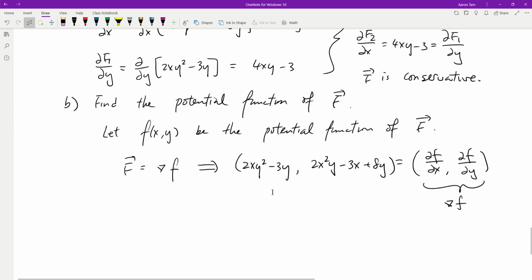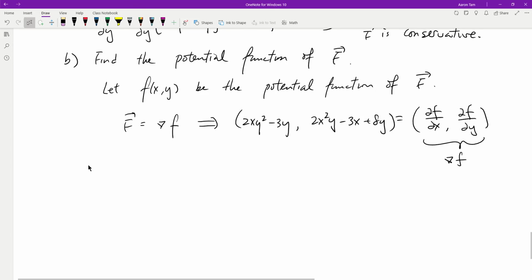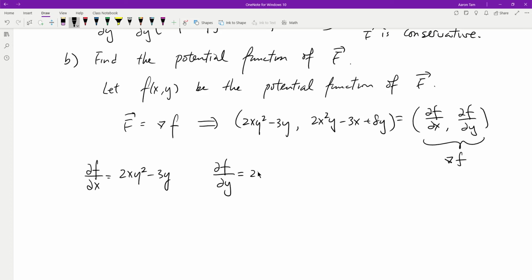This results in df over dx being equal to 2xy squared minus 3y, and df over dy being equal to 2x squared y minus 3x plus 8y.